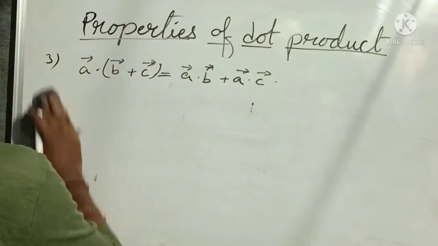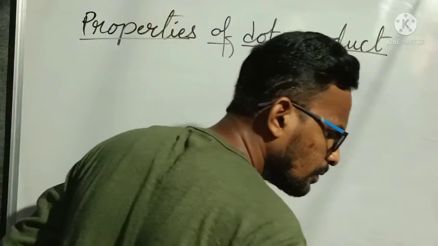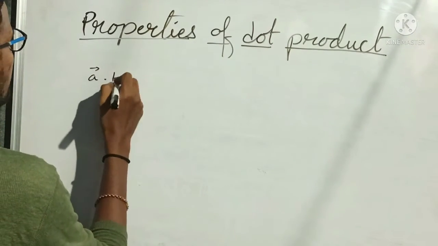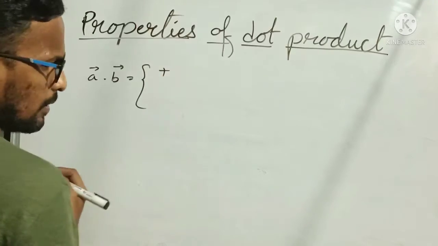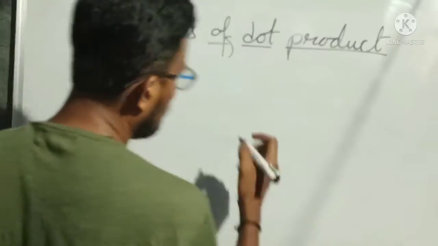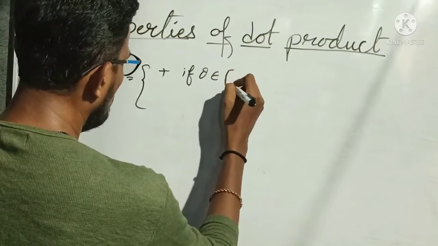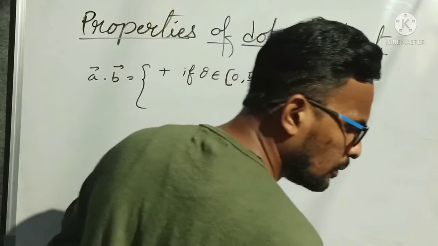Okay. Next, fifth property, very very important. So here also we have three conditions. A bar dot b bar is positive if theta belongs to the interval 0 comma pi by 2, where 0 is included.